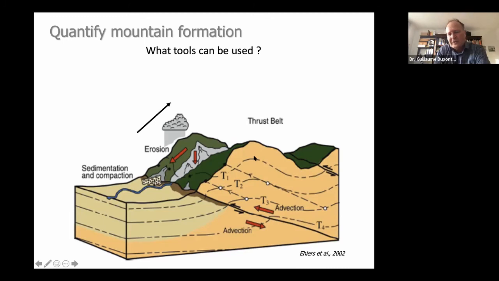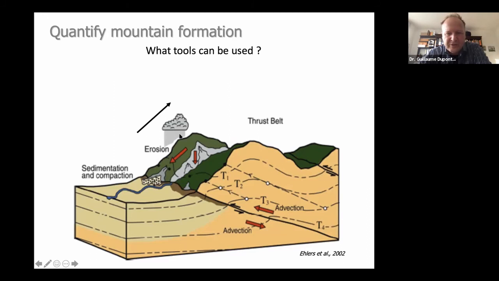Another way is to look at stable isotopes. This is complex, but when you form a mountain belt, the rain that is falling on the mountain will have a different isotopic signature.